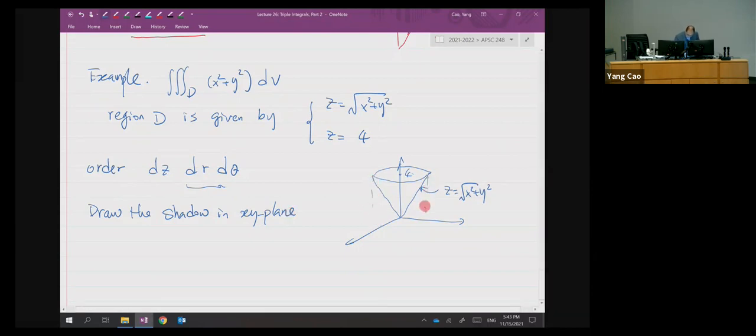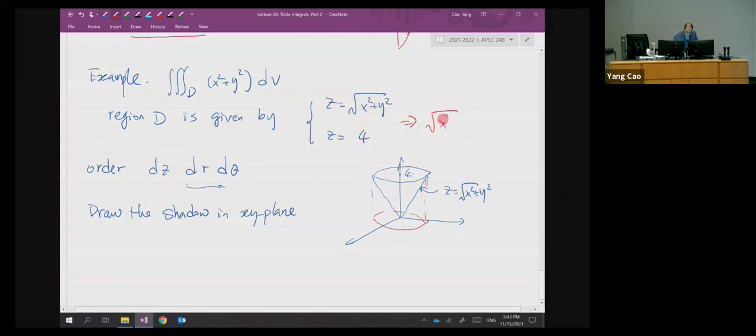Obviously, the shadow is just a circle on the top. And that will be the shadow. So then the question basically, what is the circle equation? That's completely based on the boundaries of the region D. Okay, so this top circle is the intersection between z equal to 4 and z equal to root x squared plus y squared.